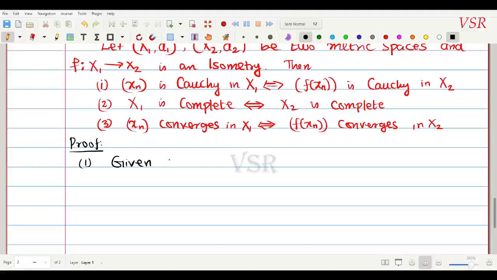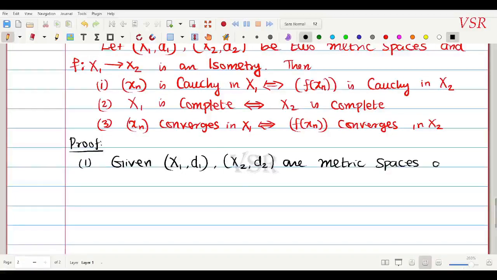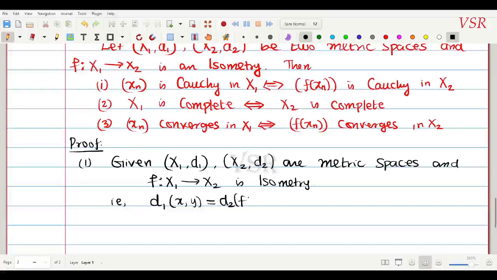Given (X1, d1) and (X2, d2) are metric spaces and f from X1 to X2 is an isometry. அப்படின்னா அர்த்தம், that is distance d1 of x, y is equal to d2 of f of x, f of y for every x, y belongs to capital X1. X1 ல x, y எடுத்துக்கிட்டீங்கன்னா this condition must be satisfied.